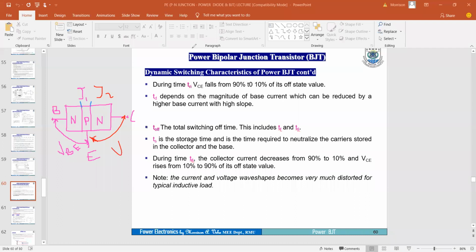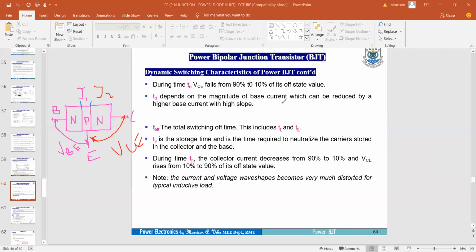So you have your VCE here, like that. Basically, this is going to fall. During this TRI, your VCE will fall from 90 to about 10% of its off-state value.